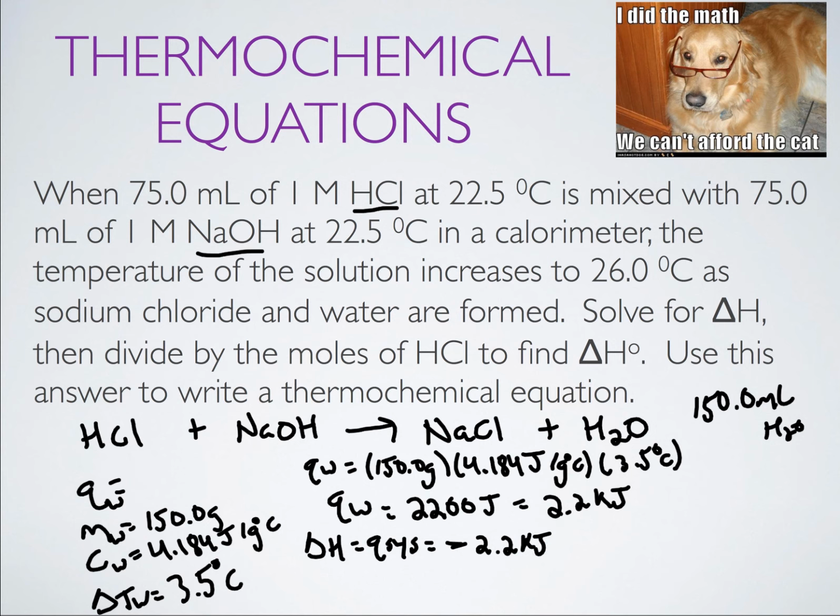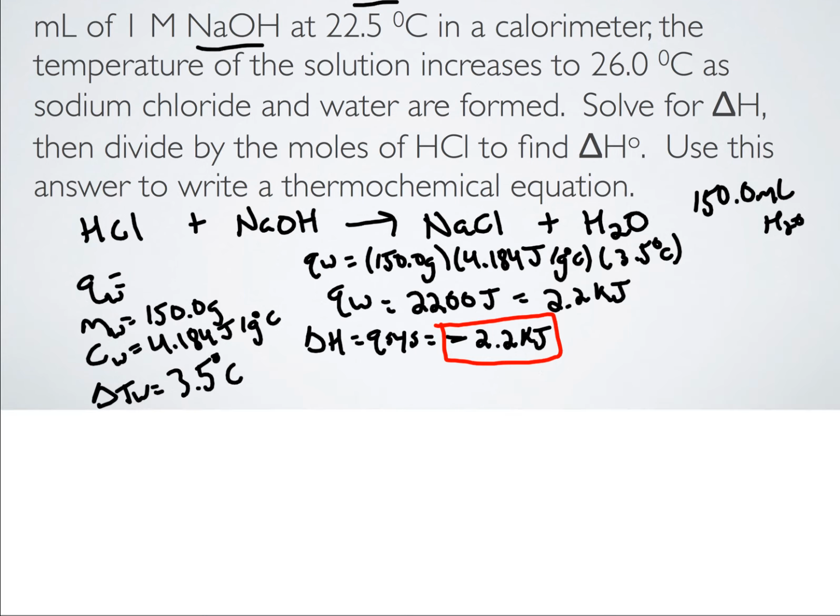Now for this number, I'm just going to hold on to this until the very end, because that's how many kilojoules I have. But for this concentration and volume of hydrochloric acid and sodium hydroxide, I want to turn it into kilojoules per mole, because that's what this delta H standard is. So in order to do that, molarity is equal to moles per liter.